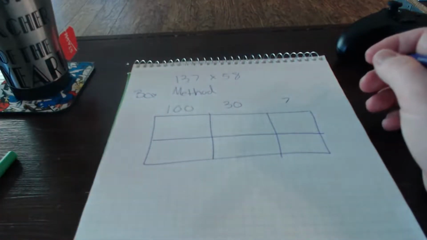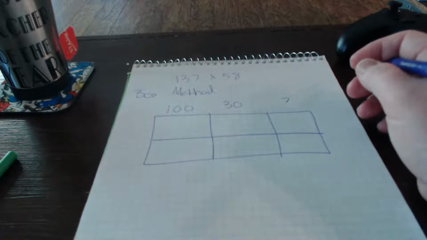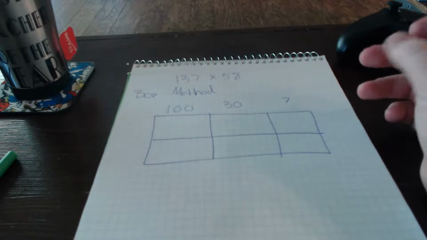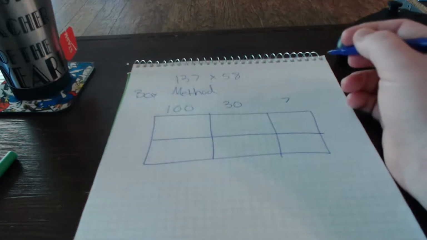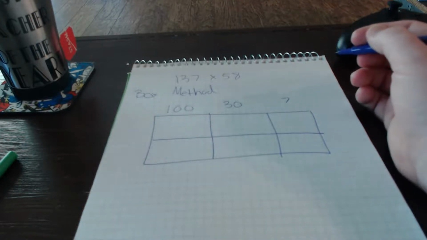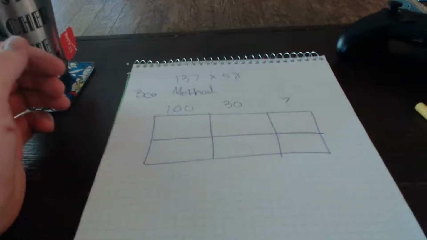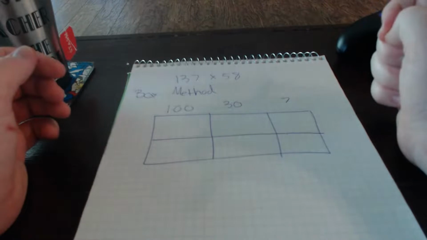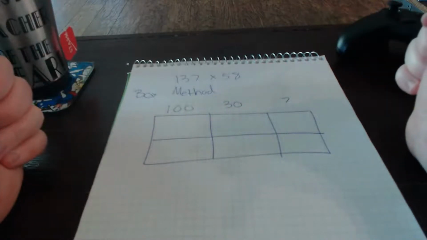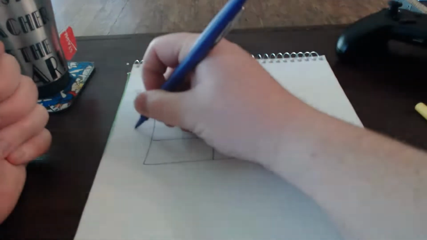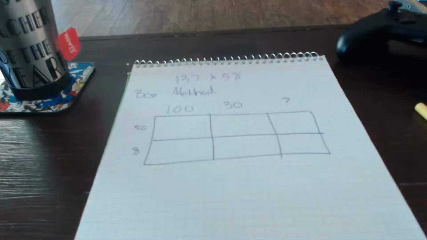I know Mr. Fry taught a lot of people lattice multiplication. I just don't have an understanding of lattice multiplication, at least not enough to teach it, especially live. So this is why I'm not teaching it that way. So we have 137, so that's our first number, and then we have 50 and 8.